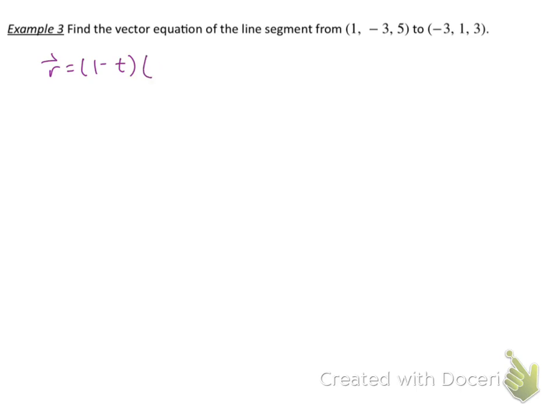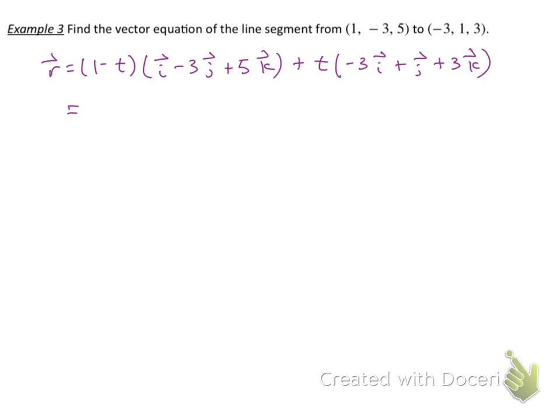I'm going to write it as the vector i minus 3j plus 5k. And then plus t, after t goes to 1, that will be 0, and this will remain. You will have -3i plus j plus 3k. I'm just writing the two points as vectors.